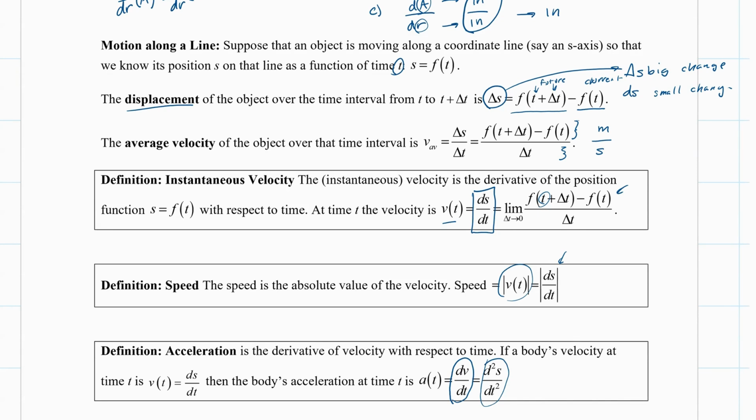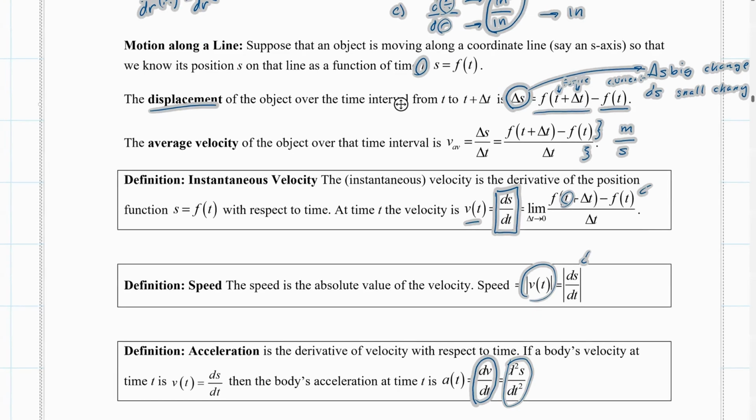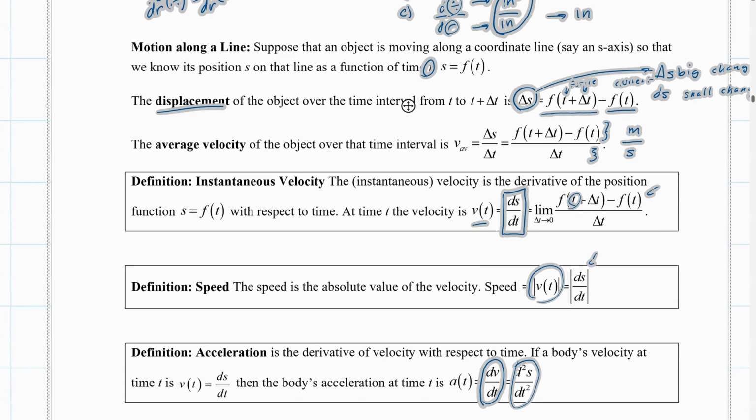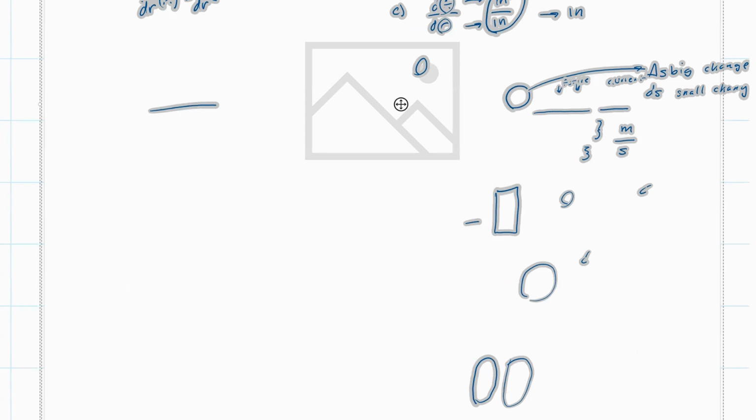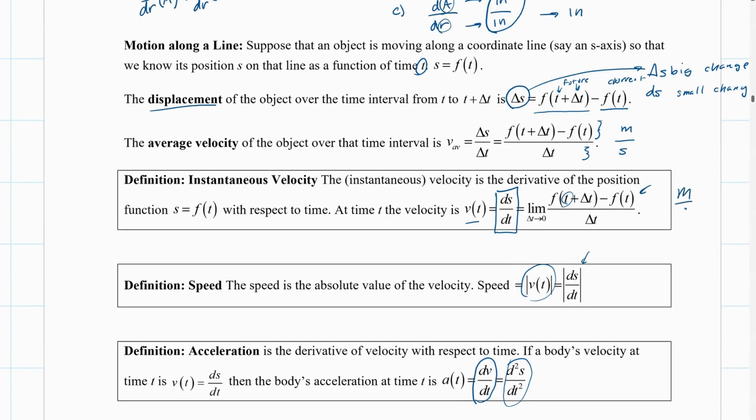Recall that if the units for position are meters and the unit for time is seconds, then a typical unit is meters per second for velocity, also meters per second for speed, but for acceleration, because you're already taking the derivative of something that's meters per second, its unit is going to be meters per second squared.